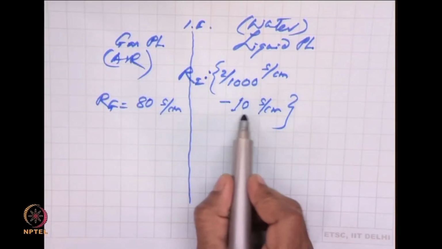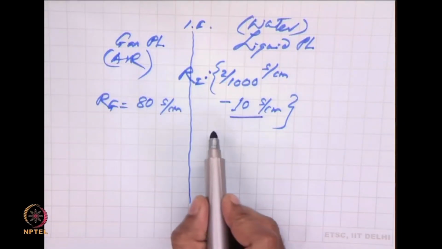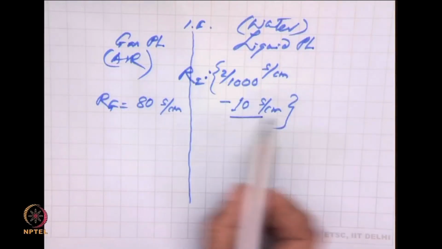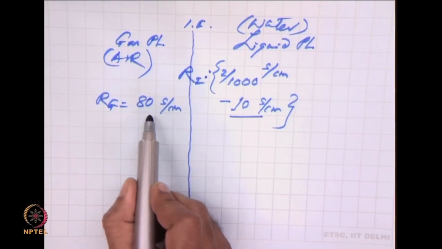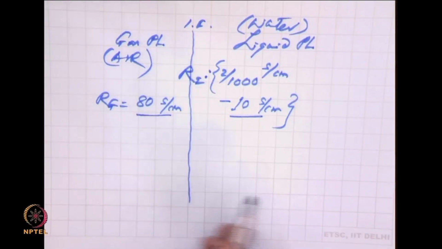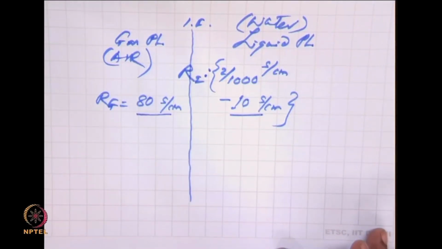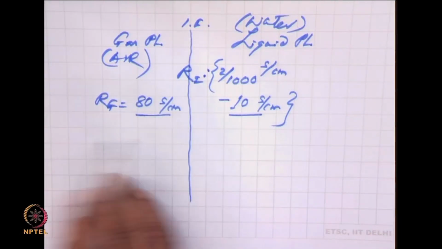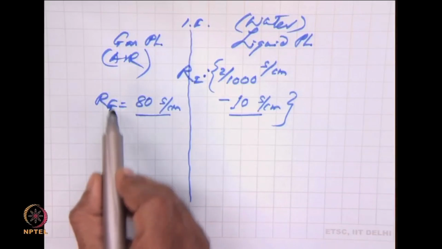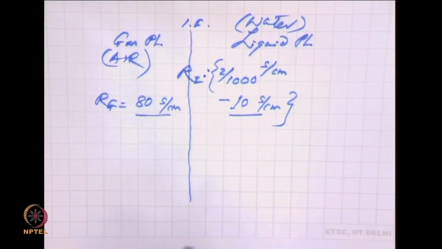Look at the highest magnitude of the interfacial resistance, 10 seconds per centimeter, gas phase resistance at atmospheric air condition 80 seconds per centimeter. So, keep it in mind that in general under ordinary conditions the gas phase resistance itself can be quite large compared to interfacial resistance. Okay.